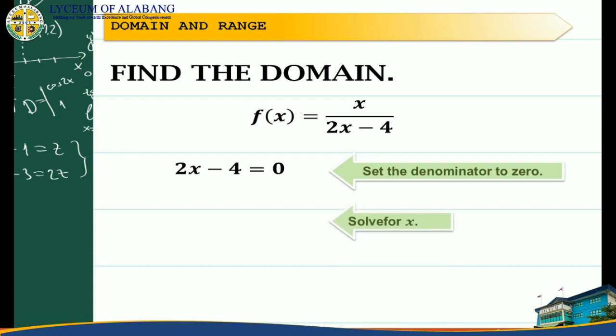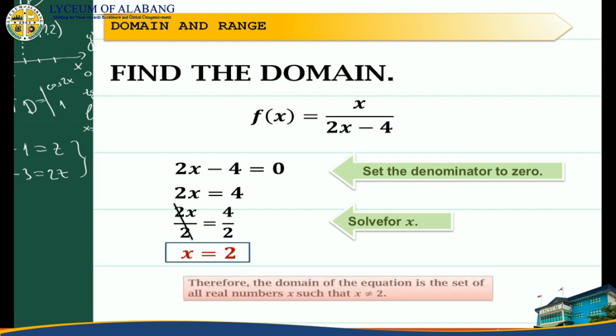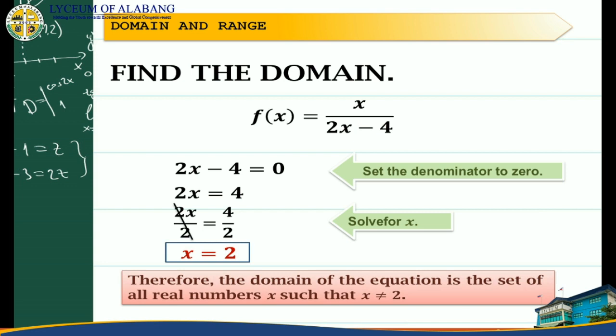Then, solve for x, and we have 2x is equal to 4. Then, divide both sides by 2, and cancel out the common term, which is 2, so x is equal to positive 2. Therefore, the domain of the equation is the set of all real numbers x such that x is not equal to positive 2.